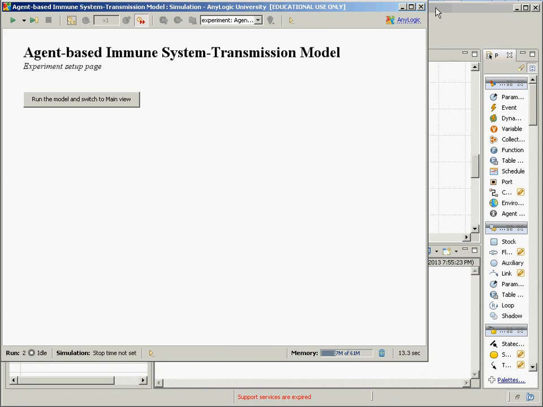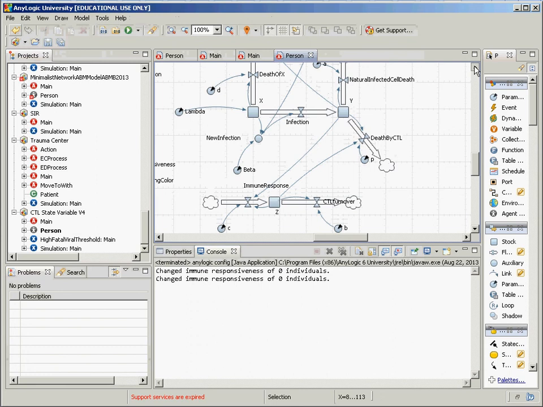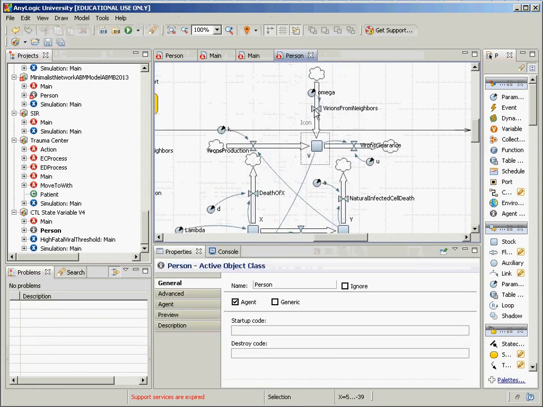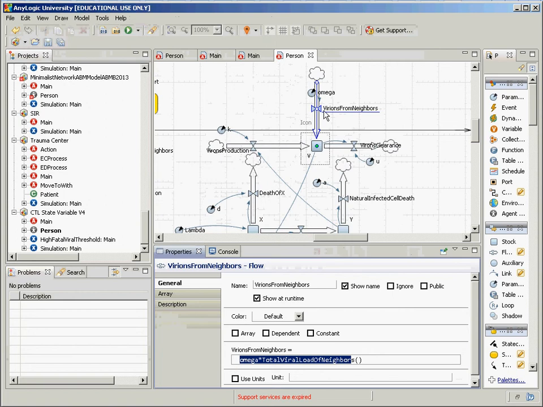Here we have coupling between individuals, so we've seen how state messages are sent between individuals to coordinate inter-agent interactions. Here we have virions coming in from neighbors into this person's free virion stock.